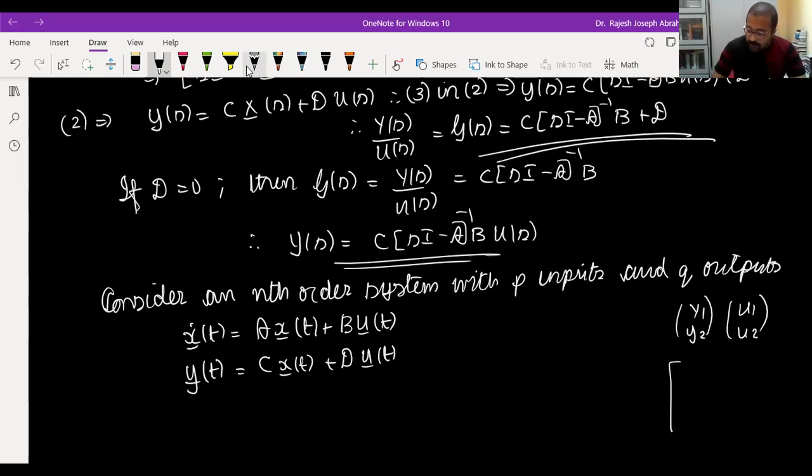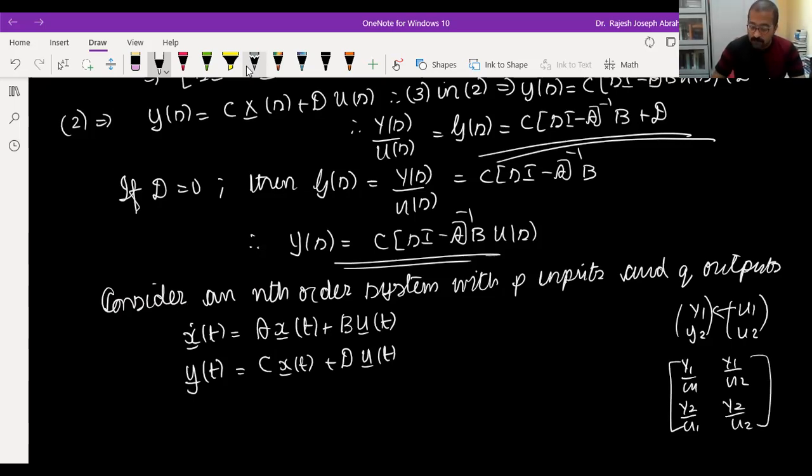For example, between y1 and u1, the first transfer function. Between y1 and u2, the second transfer function. Between y2 and u1, the third transfer function, and between y2 and u2, the fourth transfer function. Okay, so instead of getting a simple transfer function, we have what is called a transfer function matrix or a transfer matrix.